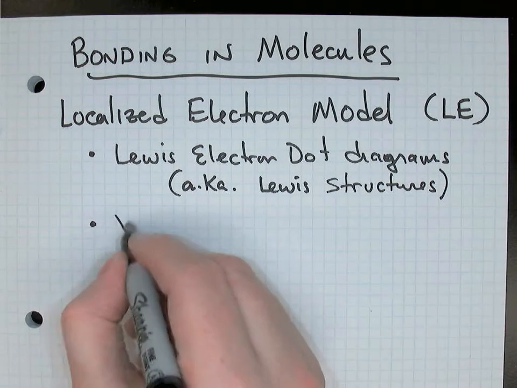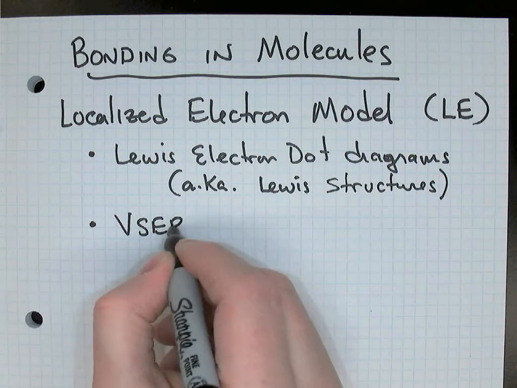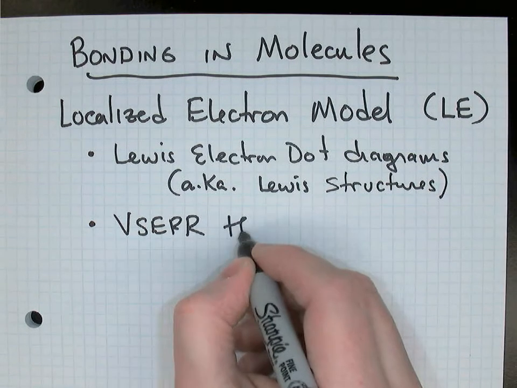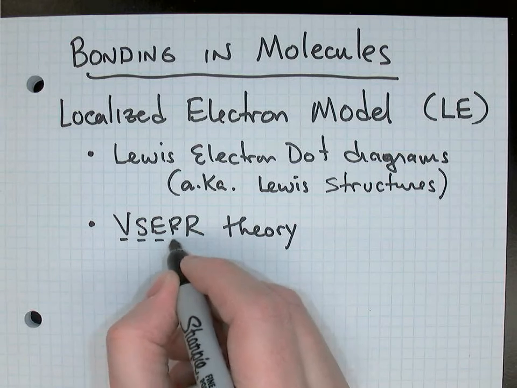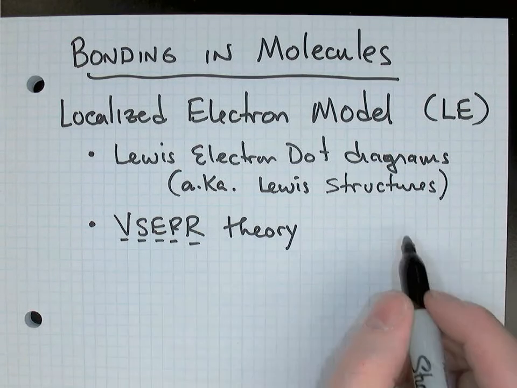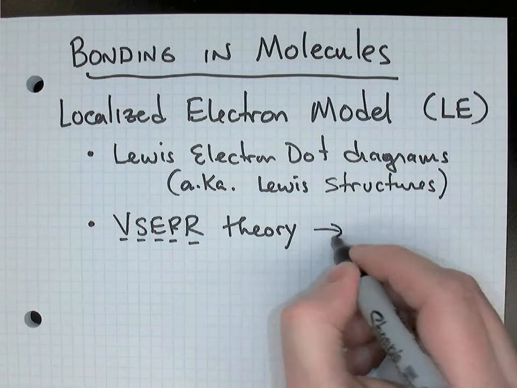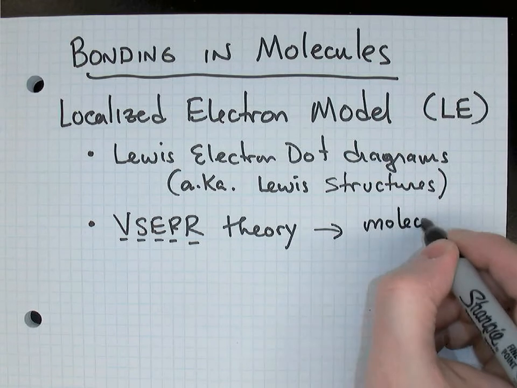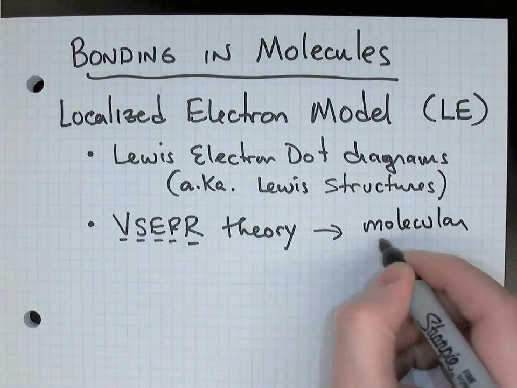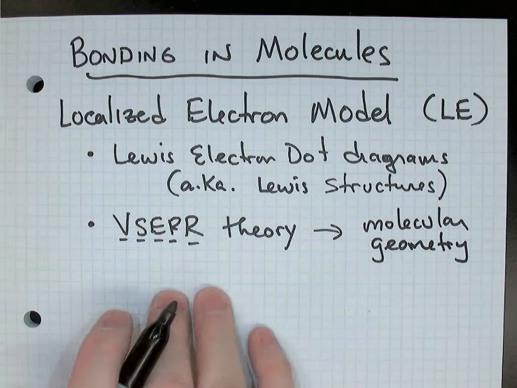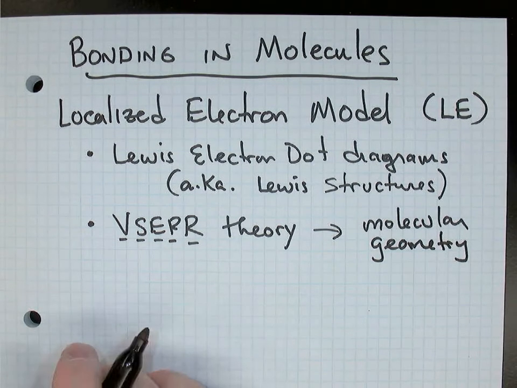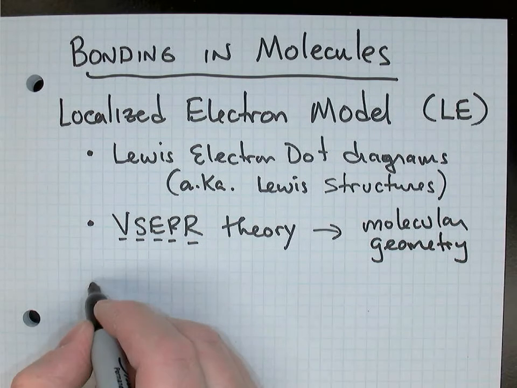So we're going to use something called VSEPR theory, valence shell electron pair repulsion theory, to predict molecular geometry. We'll use the Lewis diagrams along with VSEPR theory to predict geometries.